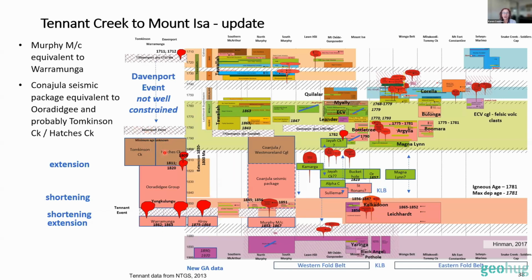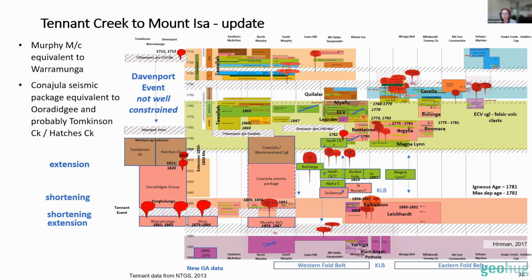So you would have to argue that that folding is localized and doesn't extend up into these large outcropping areas, and that's possible. But there's evidence in the southern edge of Mount Isa where the Jayah Creek basalt, which some people would have equivalent to the Eastern Creek volcanics, but it has to be older because it's intruded by a deformed 1782 granite.